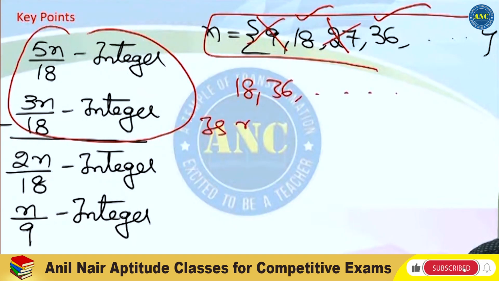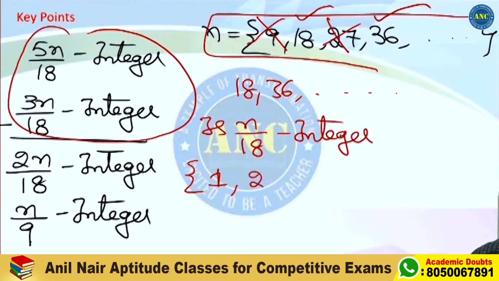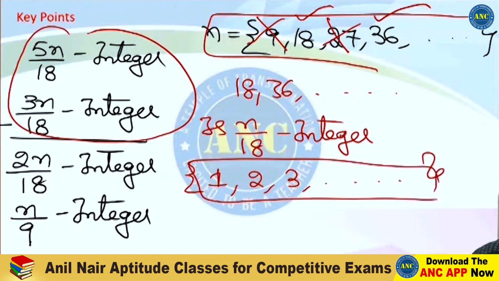The question is: is n by 18 an integer? Again, he is not asking the value. For all the values whatever you are getting, are they integers? 18 by 18, 1, integer. 36 by 18, 2, integer. 54 by 18, integer. All these are integers? Yes.